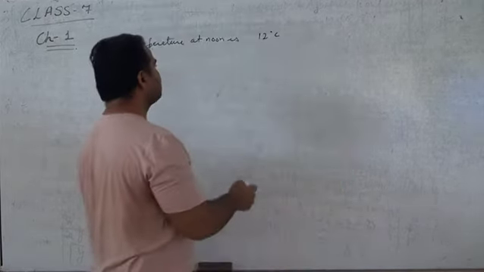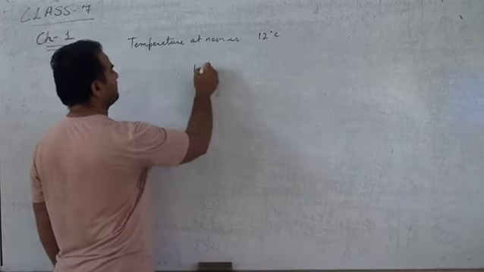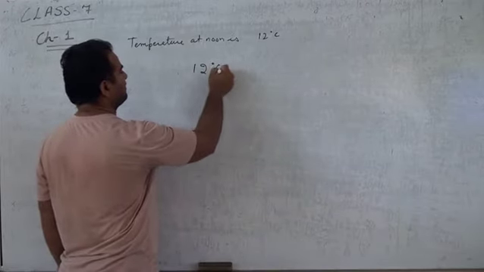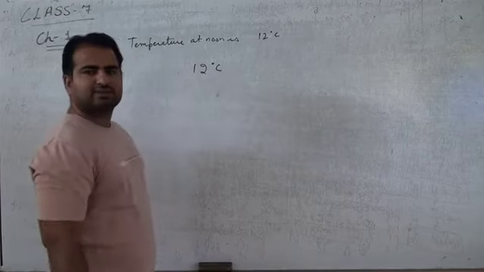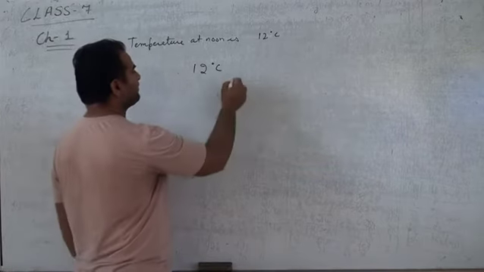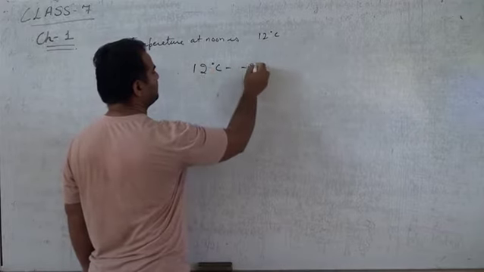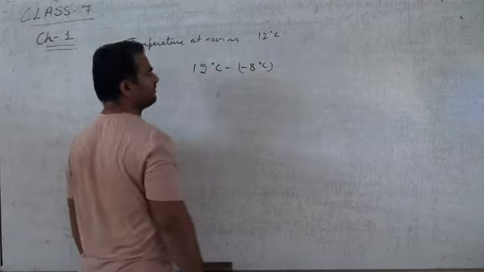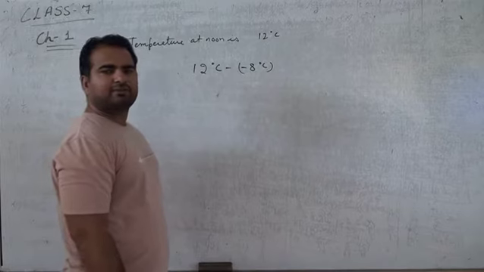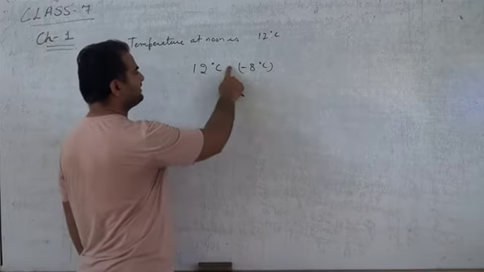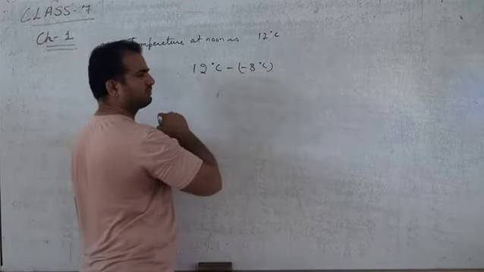So what we have to do is, this is 12 degrees centigrade, and where we want to go is minus 8 degrees centigrade. Done? Where you can find the difference? So I have placed a negative sign there.